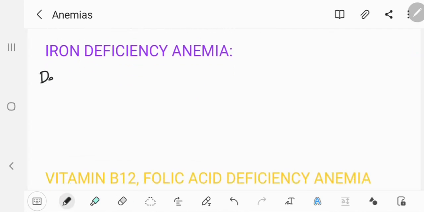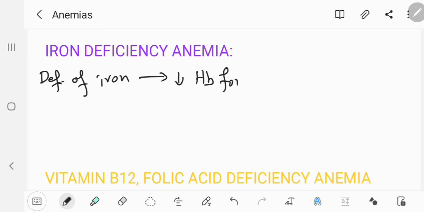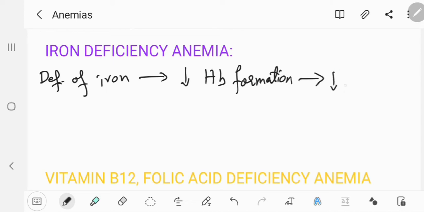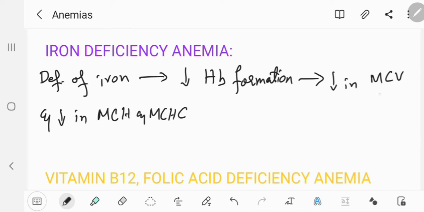Now first let's see iron deficiency anemia. In iron deficiency anemia, there is deficiency of iron, which leads to decrease in hemoglobin formation. As we all know, hemoglobin has a core structure of iron in it, so whenever there is decreased hemoglobin formation, there will be decrease in MCV, that is decrease in the volume of the RBC, and there will be decrease in hemoglobin concentration.